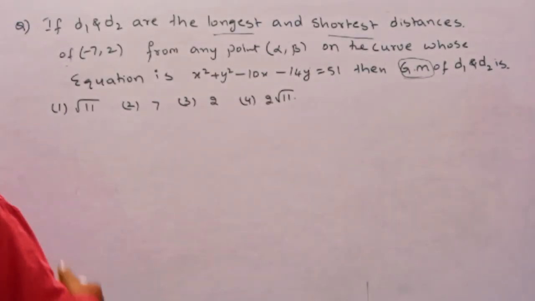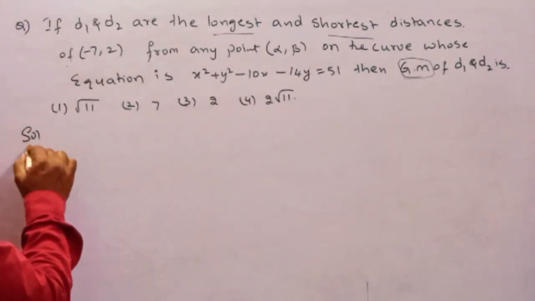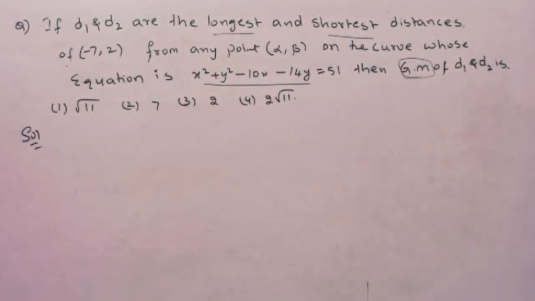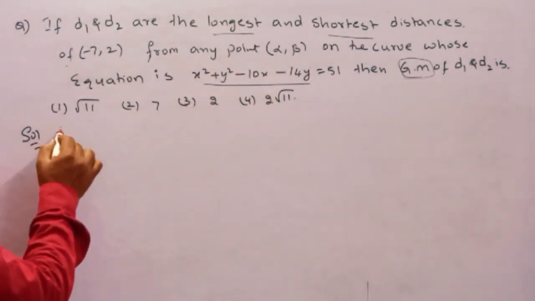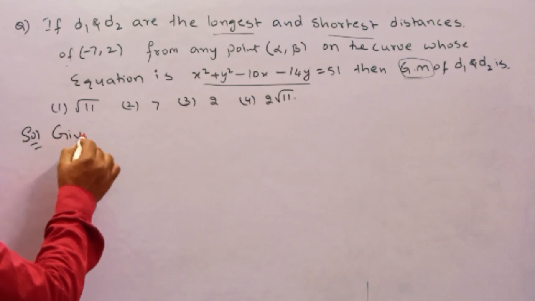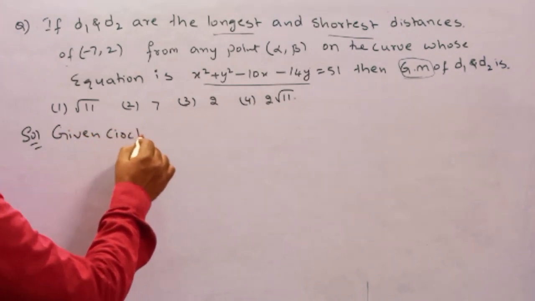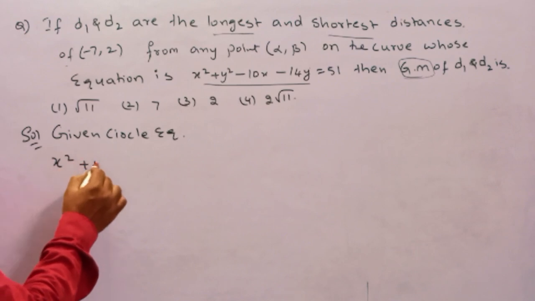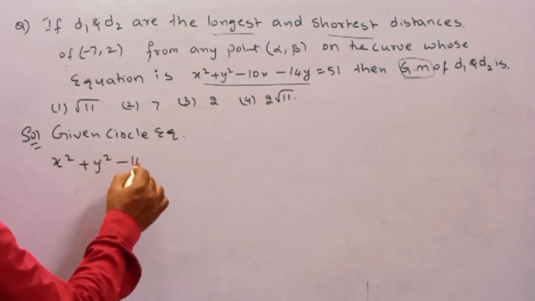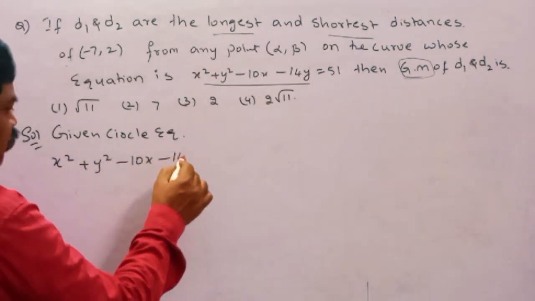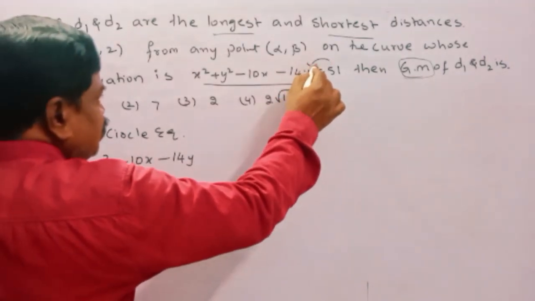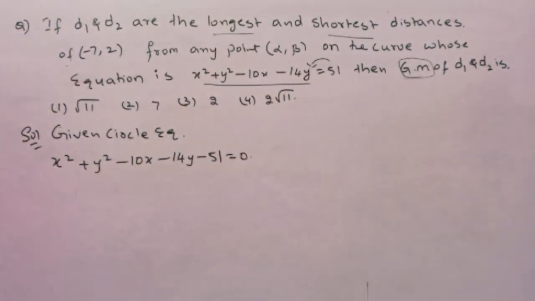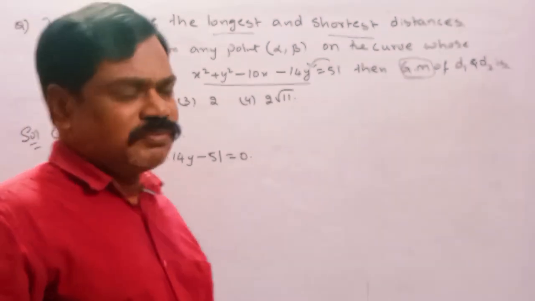So here first you have to write the given circle equation: x² + y² − 10x − 14y − 51 = 0.